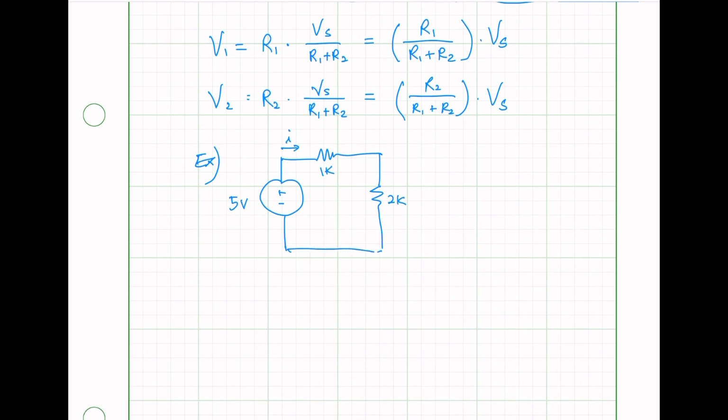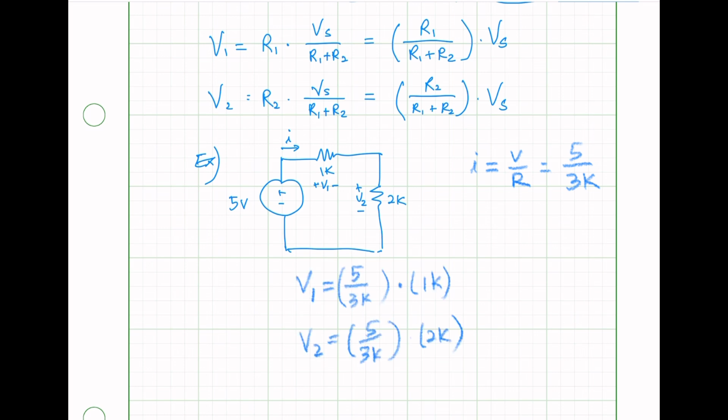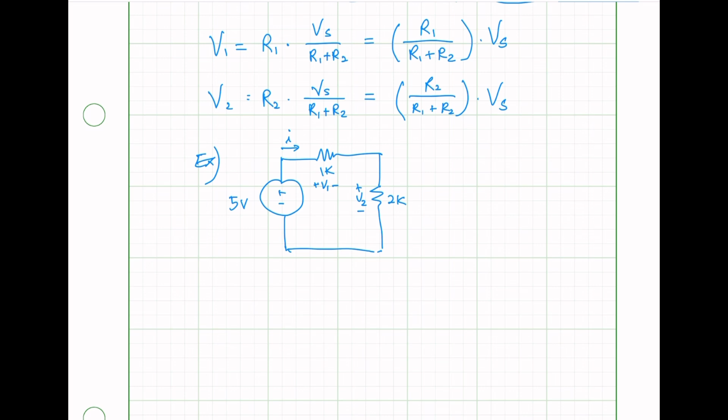In order to find V1 and V2, we can combine this 1K and 2K together and then find the I, and then I times R using Ohm's law to find V1 and V2. However, if we can use voltage division right away, we don't have to find the I. So V1 equals itself 1K, the numerator, over the sum of those two, 1K plus 2K, times total voltage 5, that is 1 over 3 times 5, which is 5 over 3 volts.